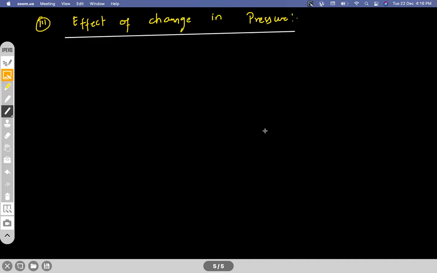Effect of change in pressure. Third one, effect of change in pressure. What happens with change in pressure over here?